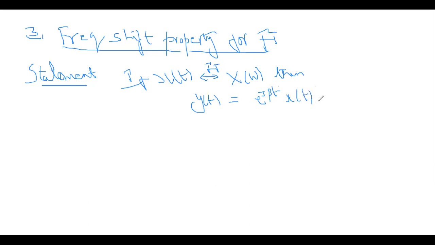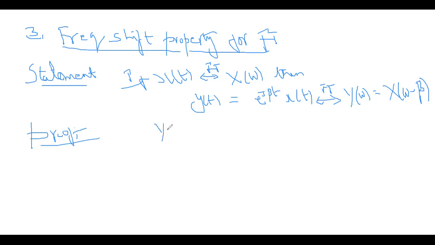Apply the Fourier transformation of this signal to get Y of omega is equal to x of omega minus beta. Actually, it is k minus k naught in the Fourier series, because k is the symbol for the Fourier series. And the proof.